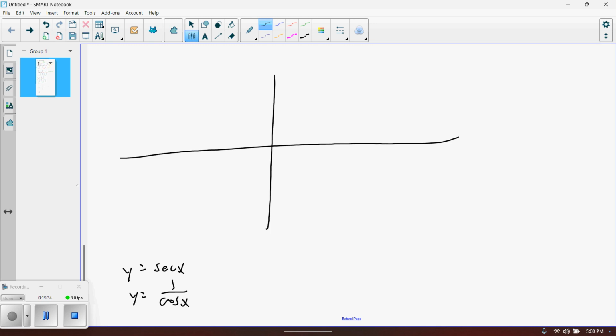So let's sketch a cosine graph. The standard cosine graph starts at its maximum, goes down through the midline to the minimum, and then back up to the maximum. So it will start like this, the maximum, come down, go back up, and then that pattern goes on forever in both directions.